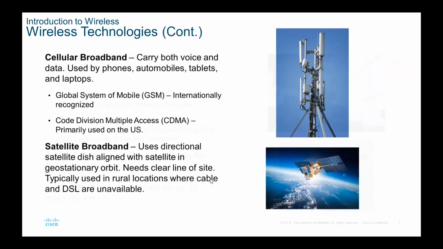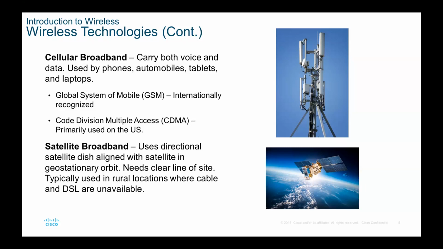And you have the cellular broadband, which is used in your mobile phones, laptops and tablets. We call that GSM, Global System for Mobile, which is internationally recognized. The type of multiplexing used in cellular broadband is CDMA. You would have already learned about TDMA and FDMA, and here CDMA is used.